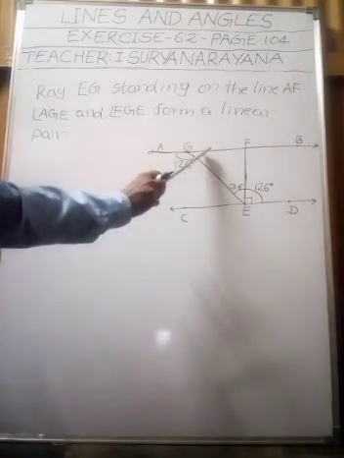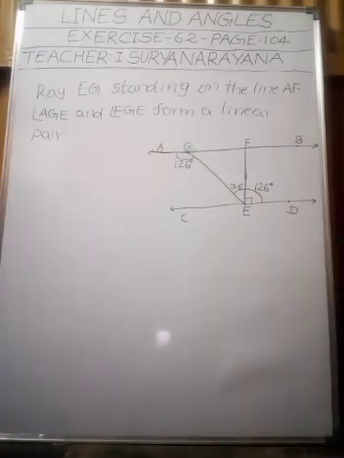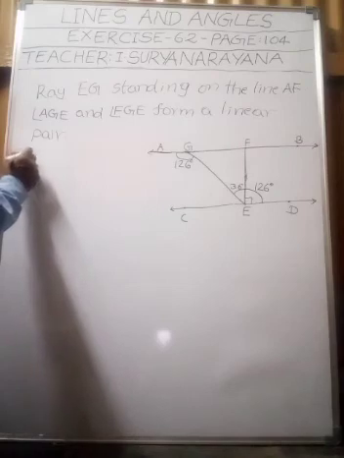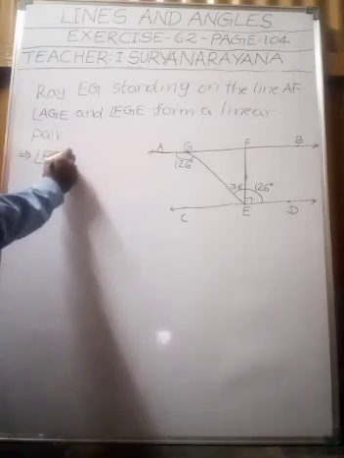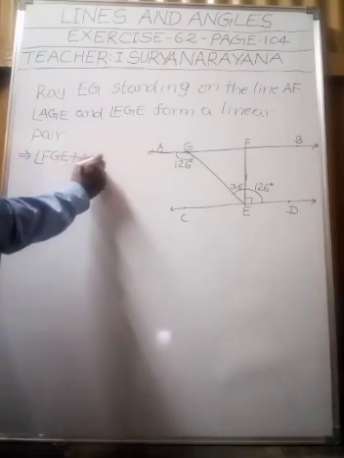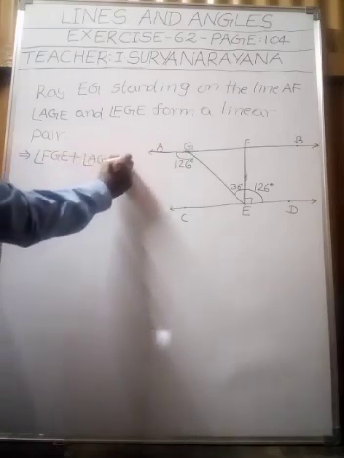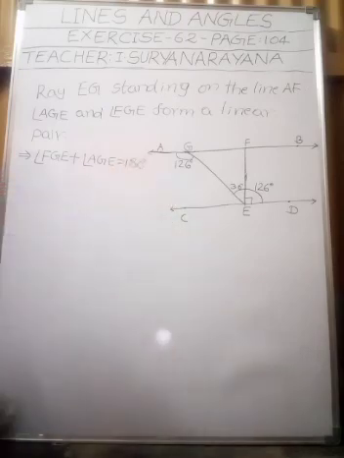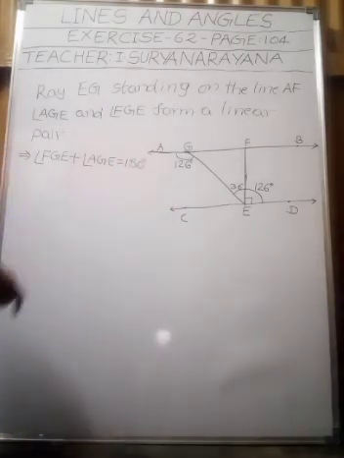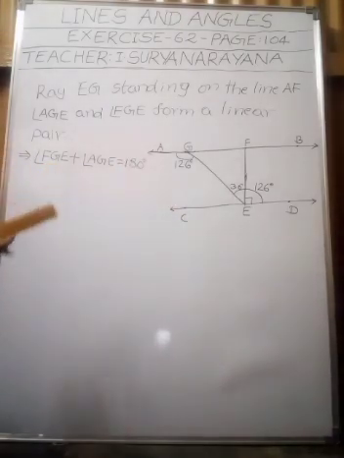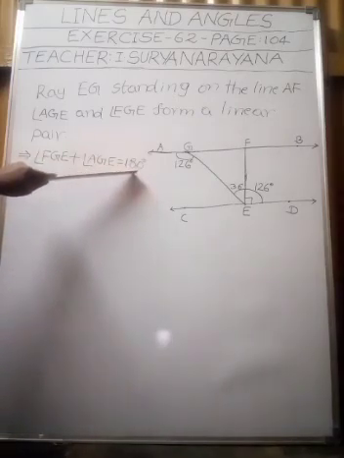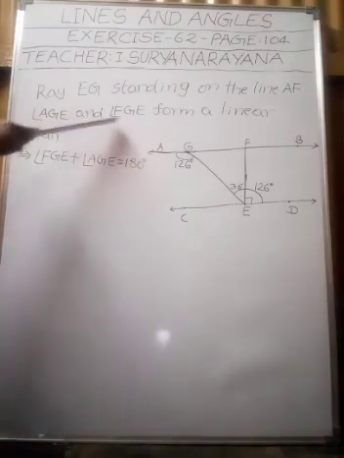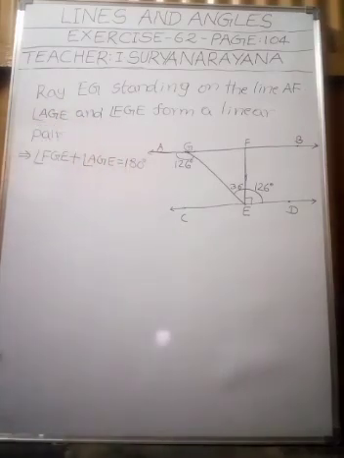These two angles form a linear pair. This implies angle FGE plus angle AGE is equal to 180 degrees. Understood this step, my dear children? Angle FGE plus angle AGE is equal to 180 degrees because these two angles are a linear pair. Okay, my dear children? Understood?